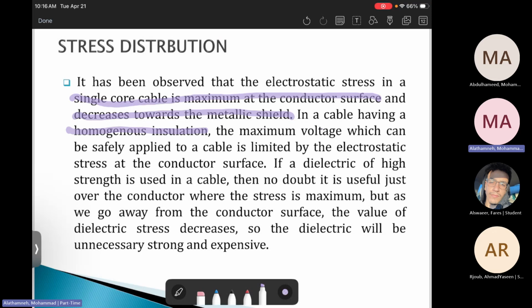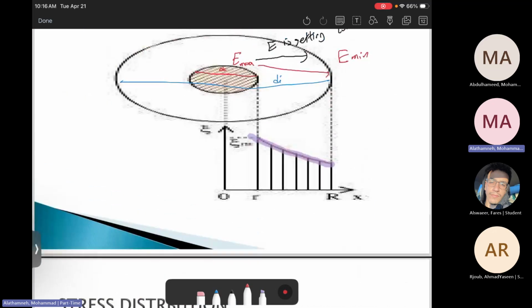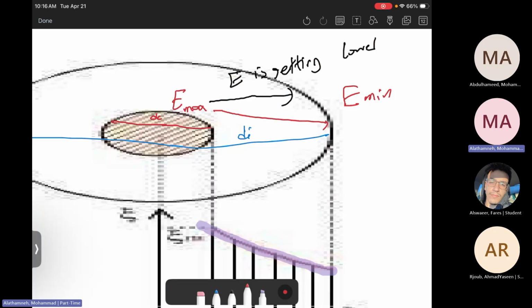Then we realize that the maximum voltage which can be safely applied to the cable is limited by the electrostatic stress at the conductor surface. So we need to worry about the worst case. The maximum happens here.